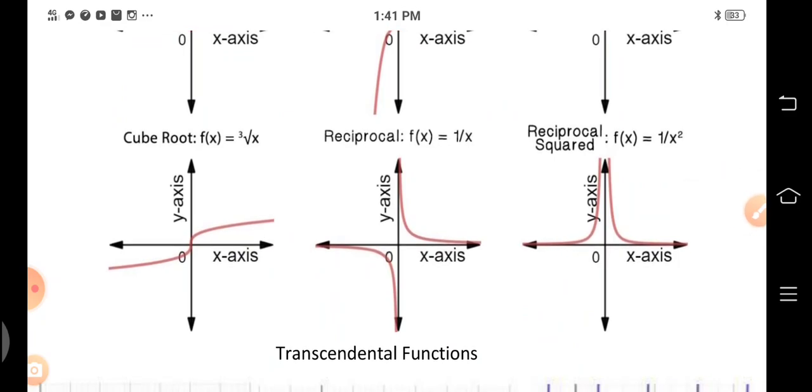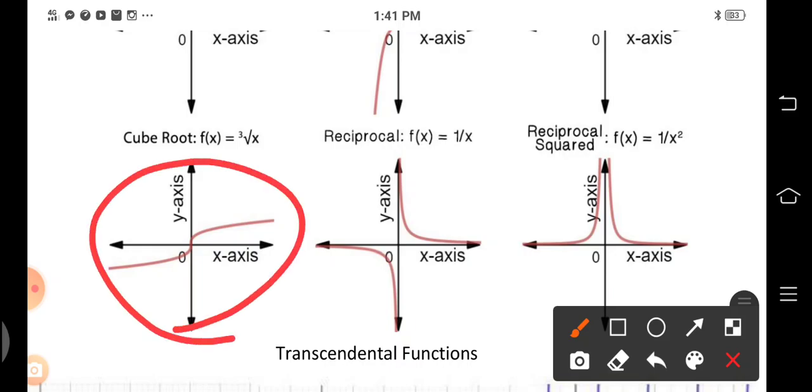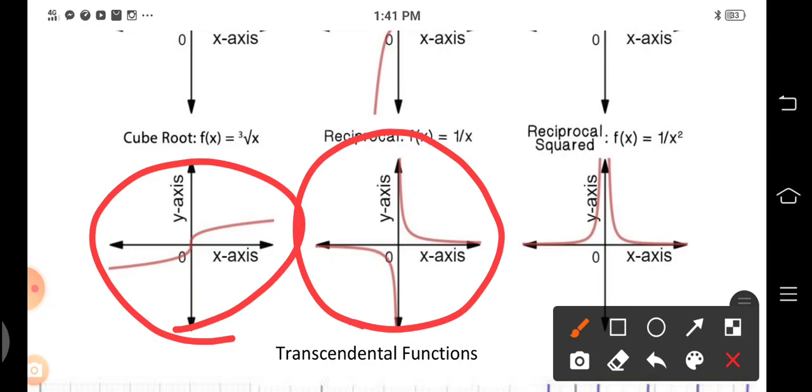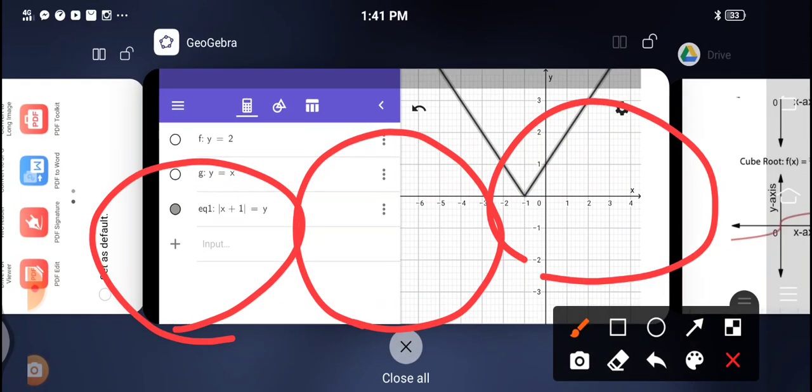So get familiar with the graphs of the different functions. This is the cube root function, reciprocal function, and the reciprocal squared function. You can always give a try using GeoGebra.